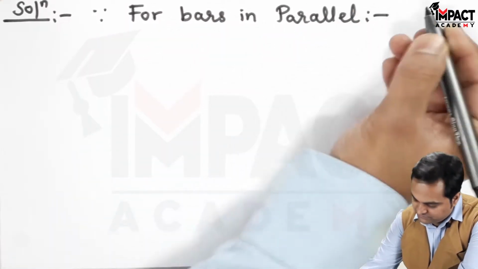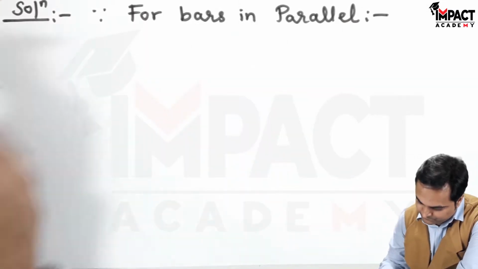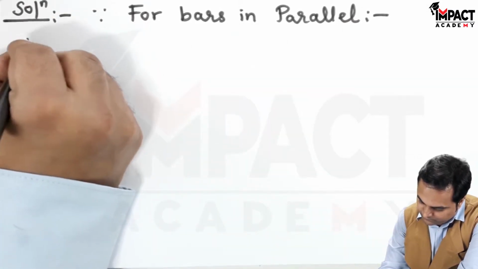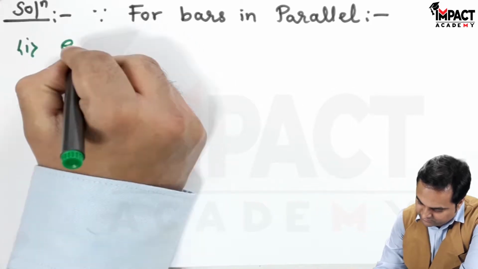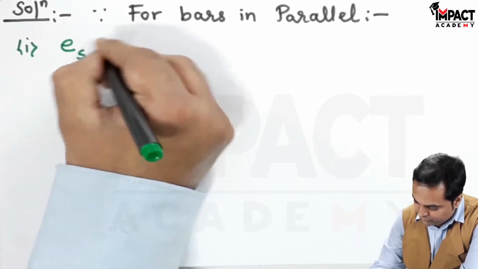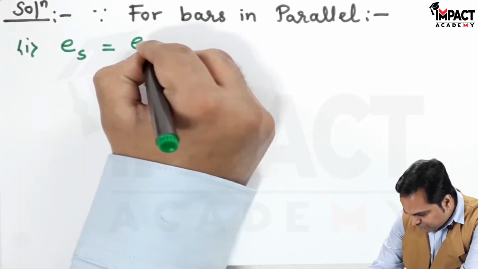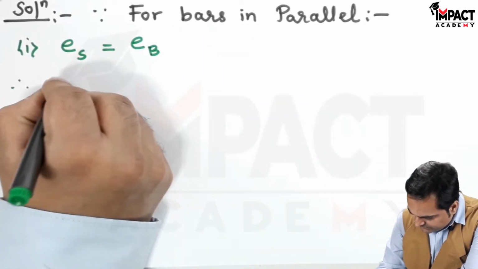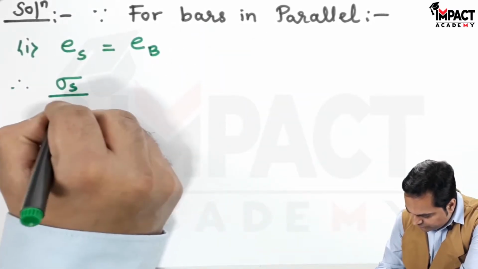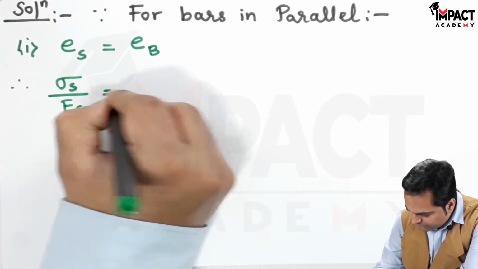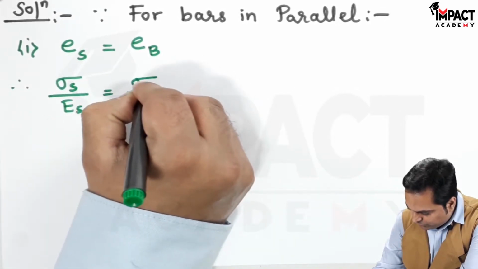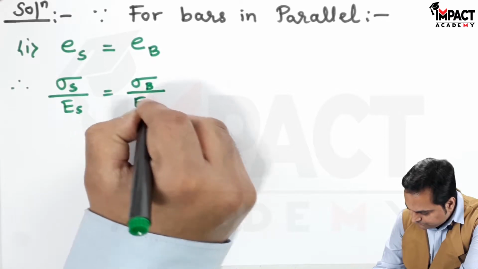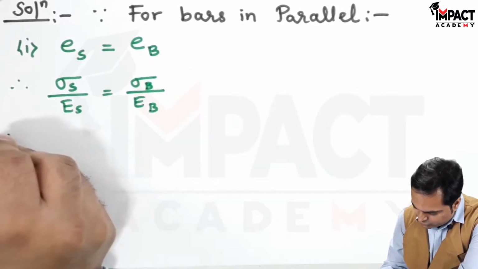Since for bars in parallel, the strain in both the materials are same, so strain in steel and strain in bronze, they are same. Strain is stress upon Young's modulus for steel and for bronze, that is from Hooke's law.